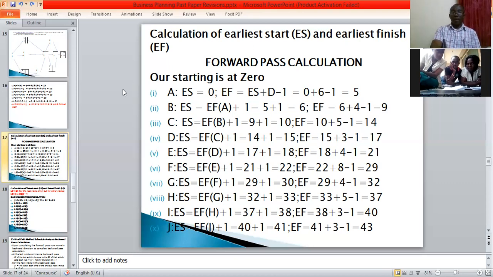So, for you to calculate the earliest start and the earliest finish, you are using what is called the forward pass calculation. But for us to calculate the latest start and the latest finish, we are using the backward pass calculation.